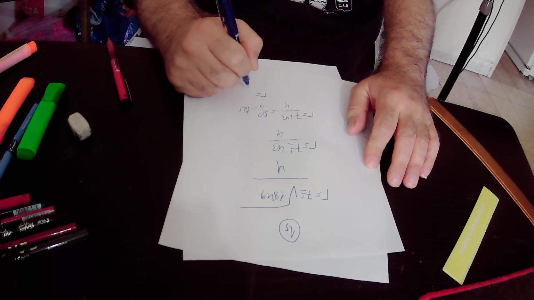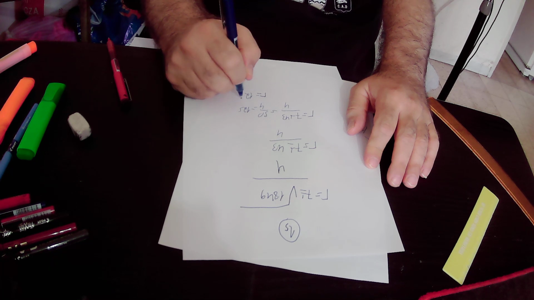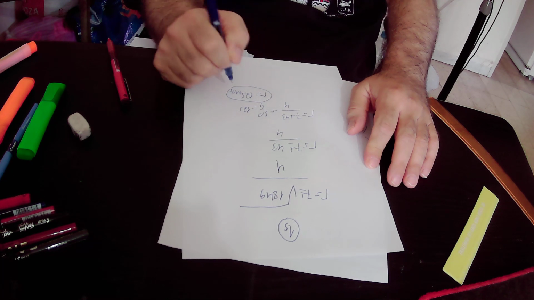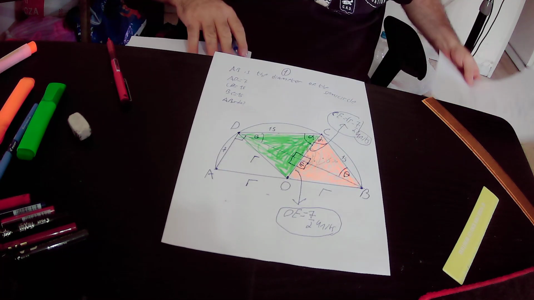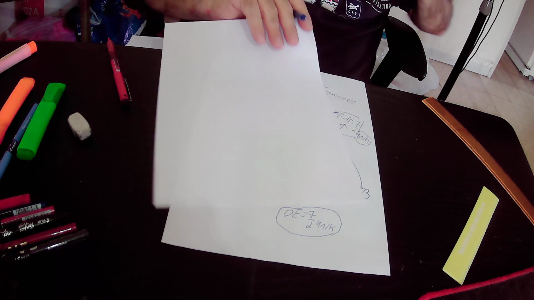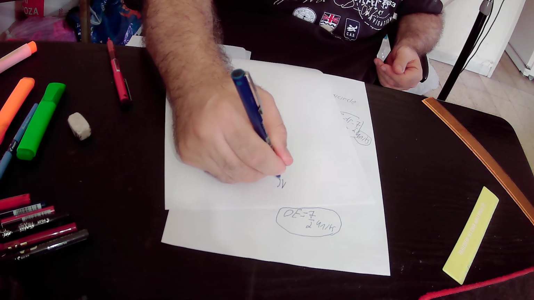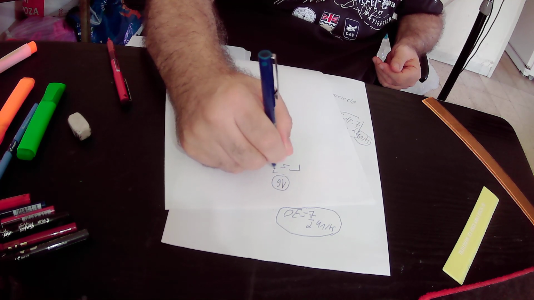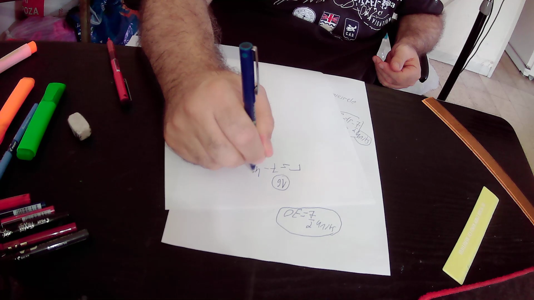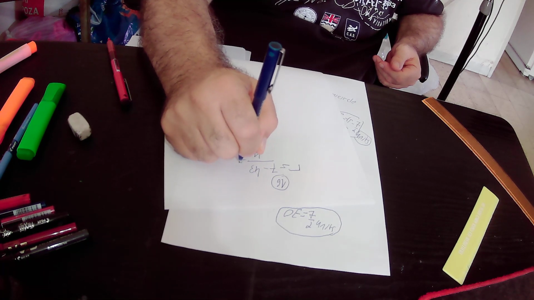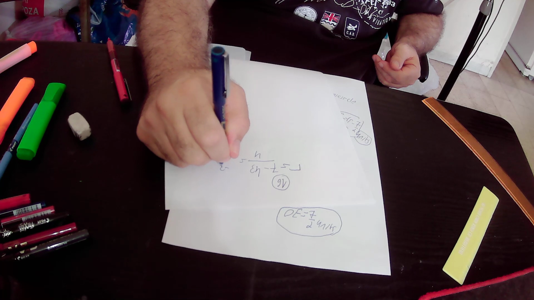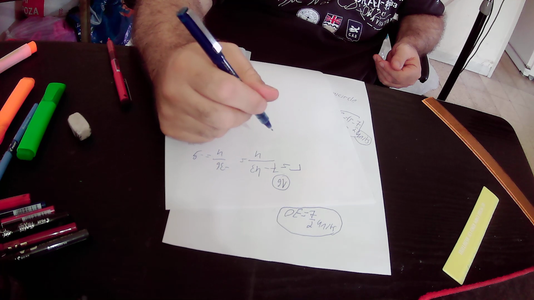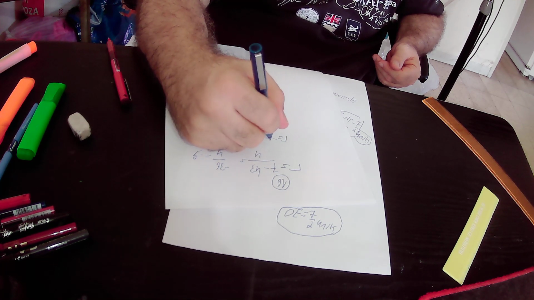R, the radius of the semicircle, equals 12.5 units according to this solution, but we have also the other solution, r equals 7 minus 43 over 4. 7 minus 43 is minus 36. Minus 36 over 4 is minus 9. So we got that r equals minus 9.